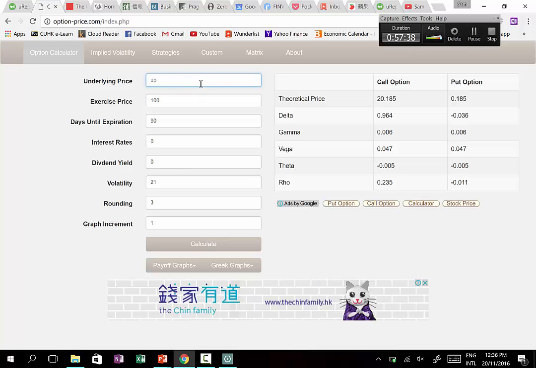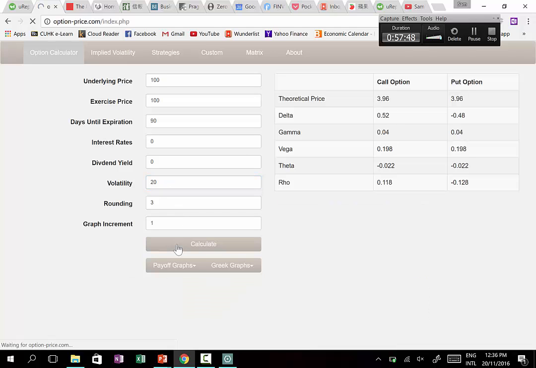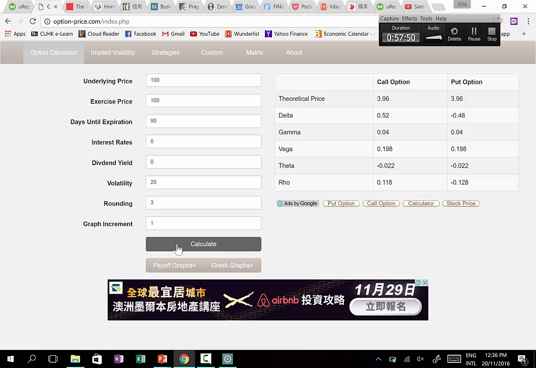Now, if your option is at the money, you don't really get a lot of change to vega. So now it's 0.198, and even if I pump it up to 30, it doesn't change very much.